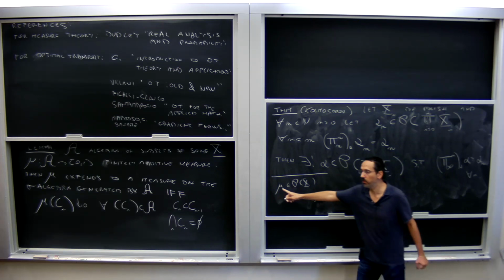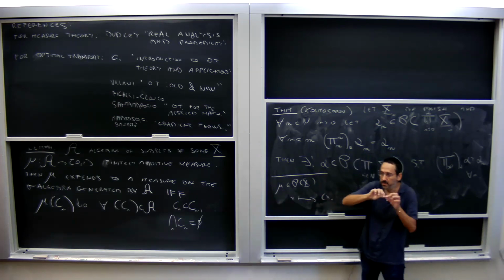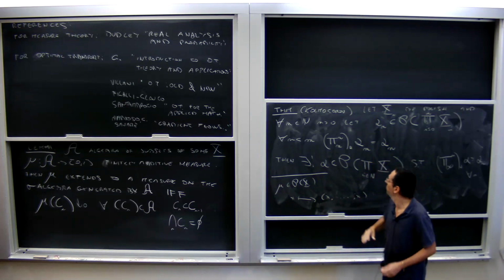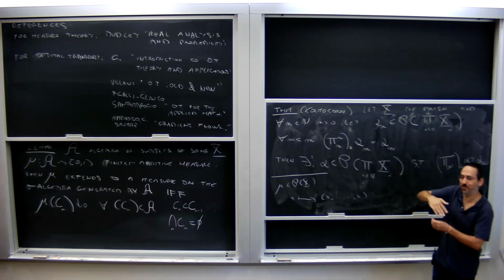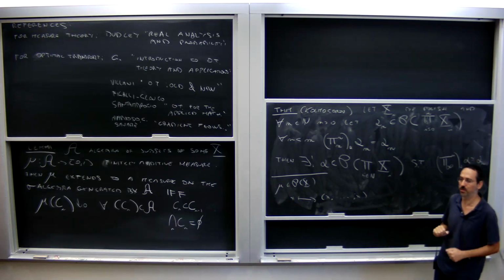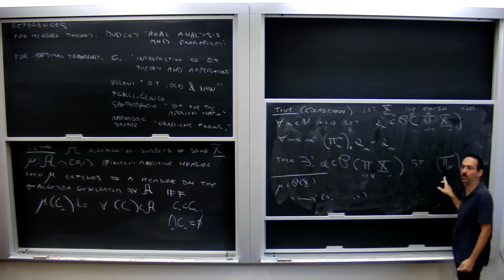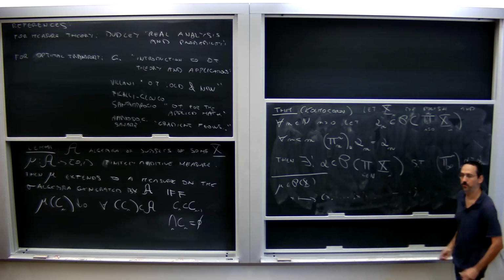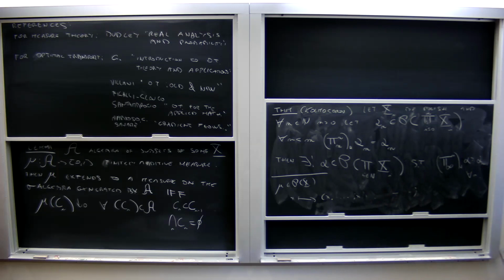Then you do the push forward of this measure under this map, and this gives you a measure concentrated on the diagonal. That's the opposite direction. The product was extremely diffuse; this is extremely concentrated.